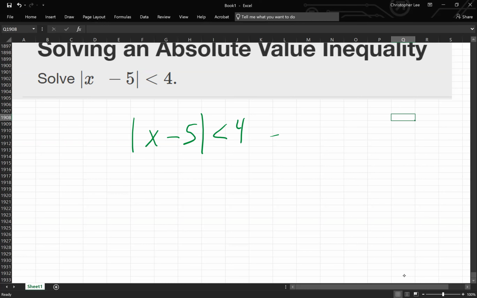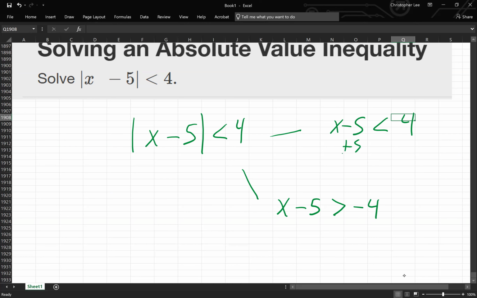One situation is x minus 5 less than 4. And the other situation is x minus 5 greater than negative 4. Then you're just going to solve for it.